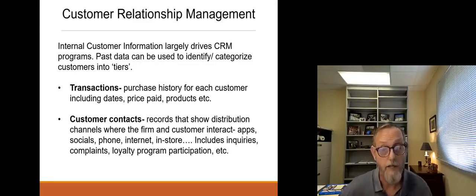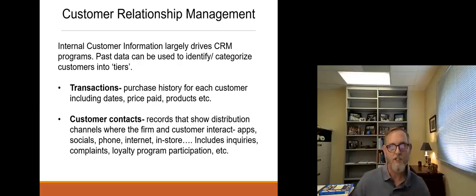Additionally, other data that we use and have available to us indicates customer-related data. So very specifically, what are the customer details and what are the customers' interactions with our firm? Maybe not necessarily transaction related, but how do they reach us? How do we reach them?